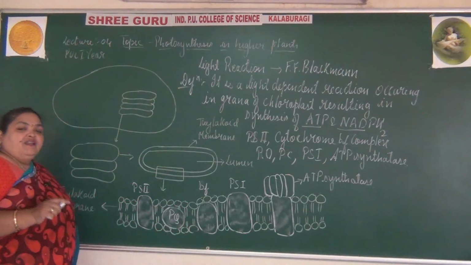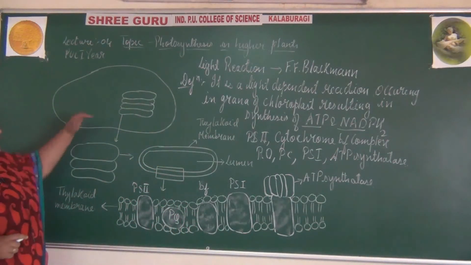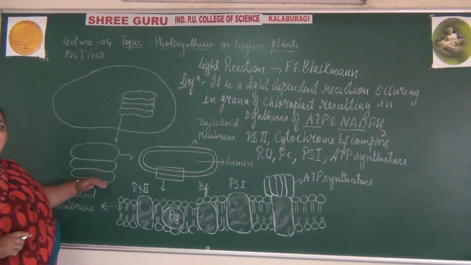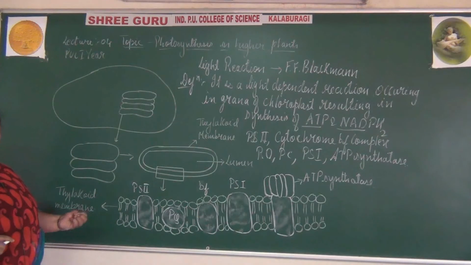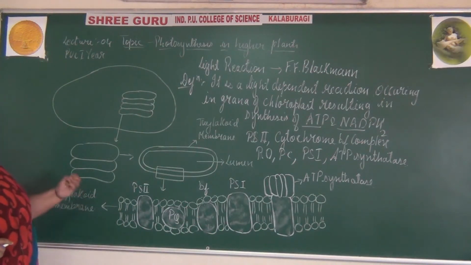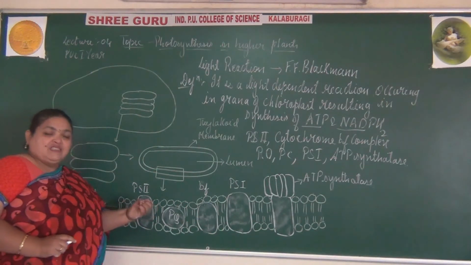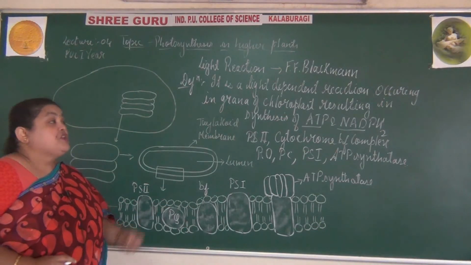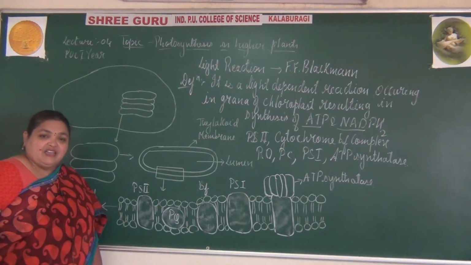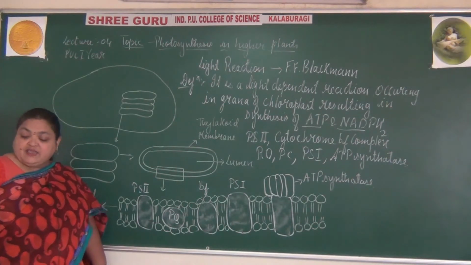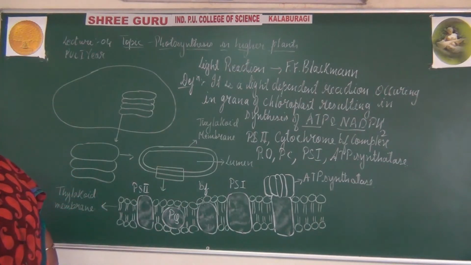So in the light reaction occurring in the grana, light is absorbed and the two important components are synthesized, so this reaction is called the light reaction, which occurs in the grana of the chloroplast.